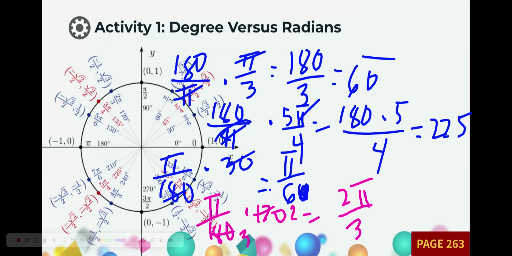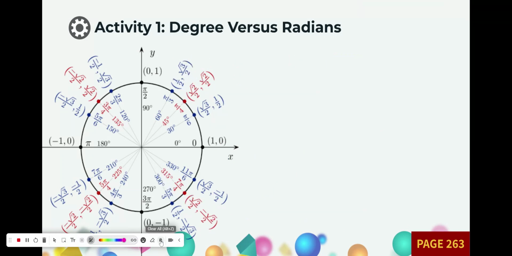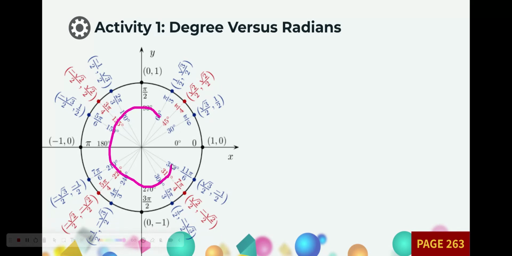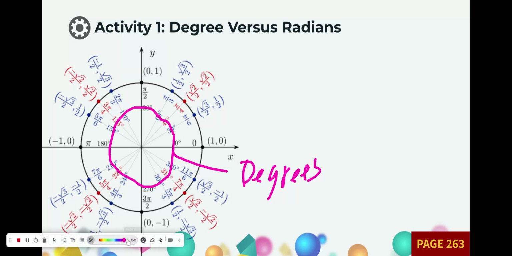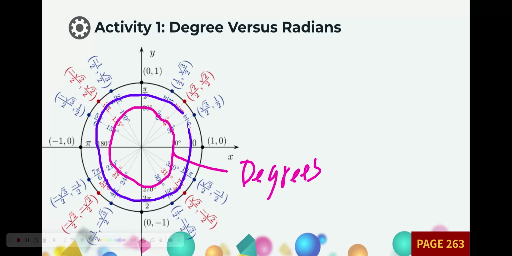Okay, next. So let me introduce you. This is the unit circle. The unit circle is composed of 3 layers. The layer inside are what you call the degrees. The layer outside, in the middle, is what you call radian.